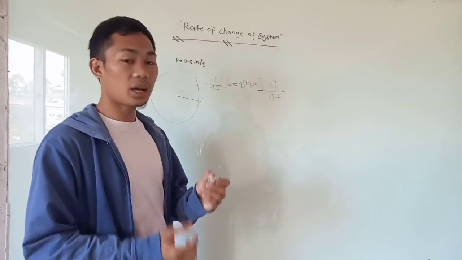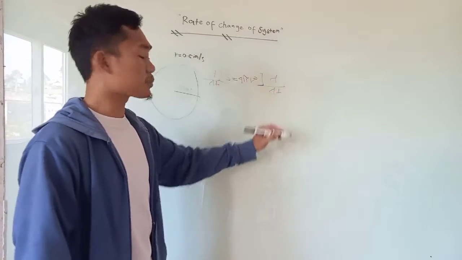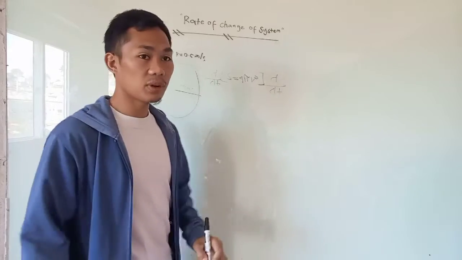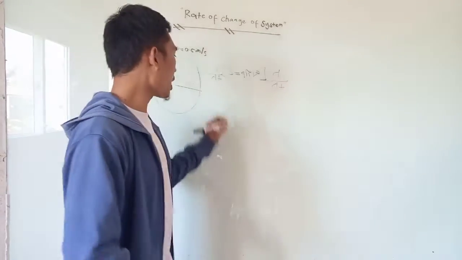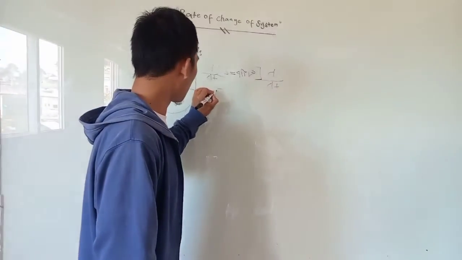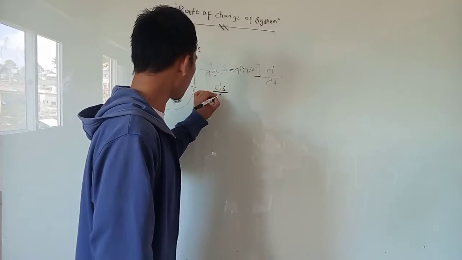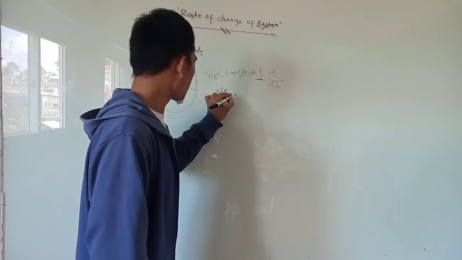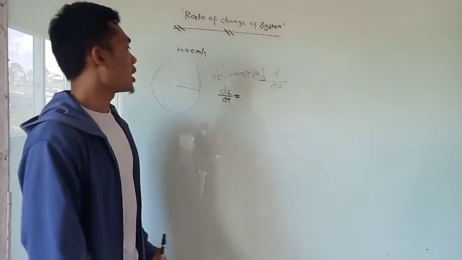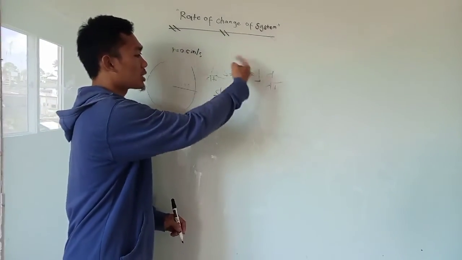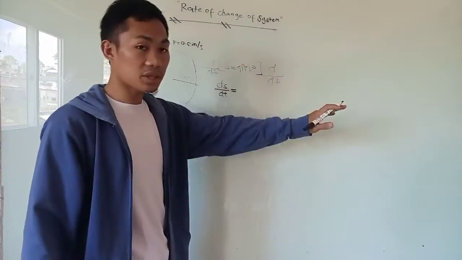So by continuing solving this problem, the derivative of s with respect to time becomes ds over dt is equal to, we have to derive the other side.